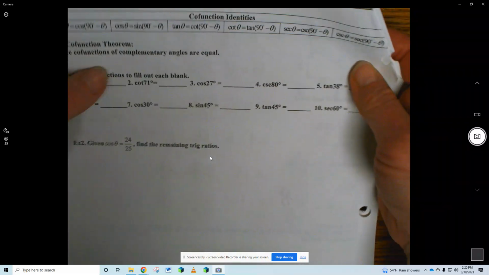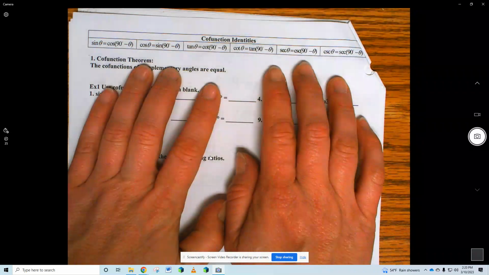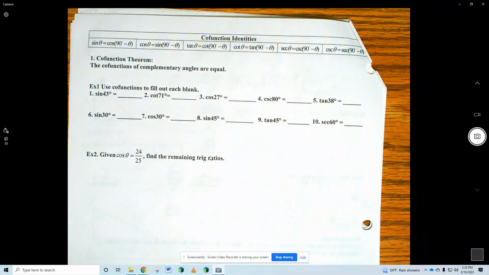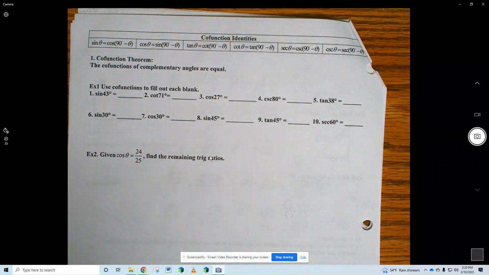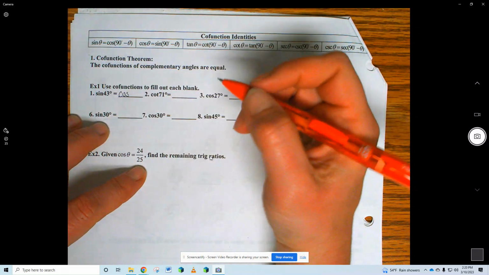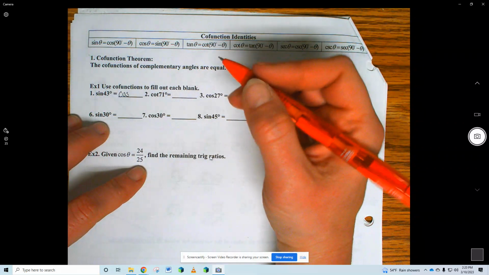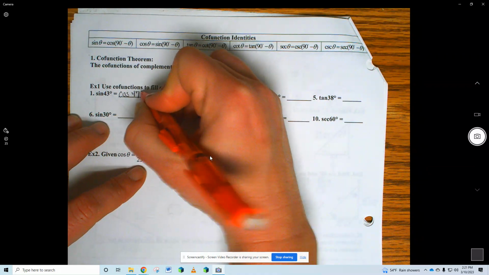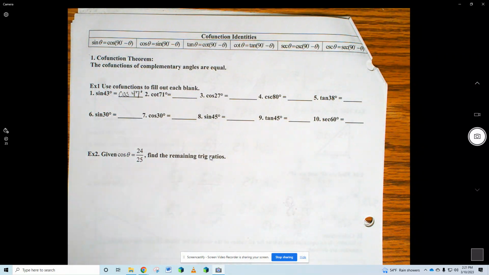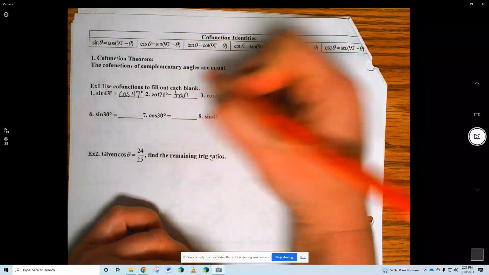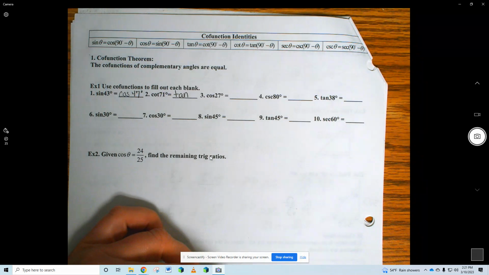Now I put on the top of the page for you these hints so that this would be easier to look at. Because like sine of 43 degrees means cosine, and I'm subtracting 90 minus 43. What's 90 minus 43? 47. Okay. Cotangent of 71 equals tangent of what? What's 90 minus 71?